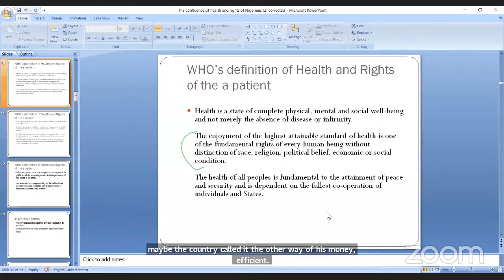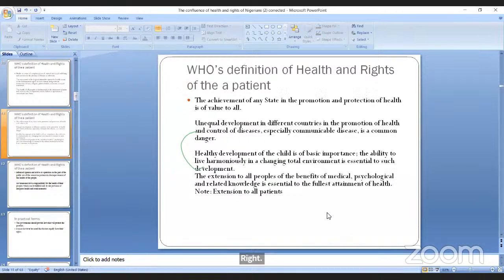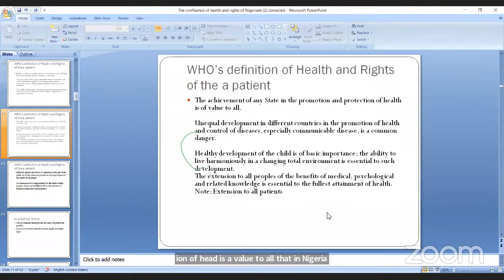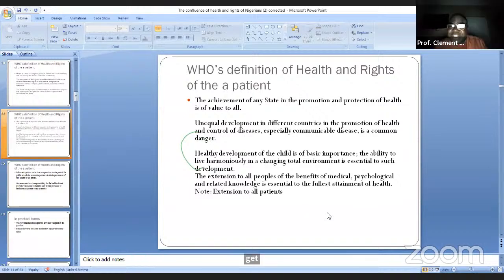Okay, fine. The achievement of any state in the promotion and protection of health is of value to all, like in Nigeria, to get health. But unequal development in different countries in the promotion of health and control of disease, especially communicable disease, is a common danger.